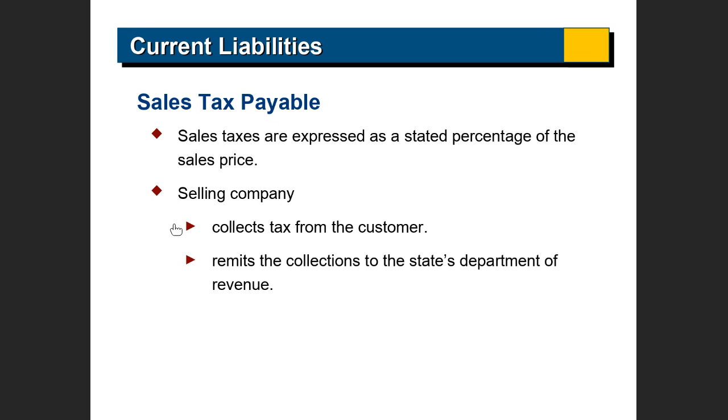So the company that is selling the goods does not have to pay any value-added tax itself. The value-added tax or the sales tax is collected from the buyer, the customer. The company that is selling collects it from the customer and then pays it to the government at the end of the month, right?